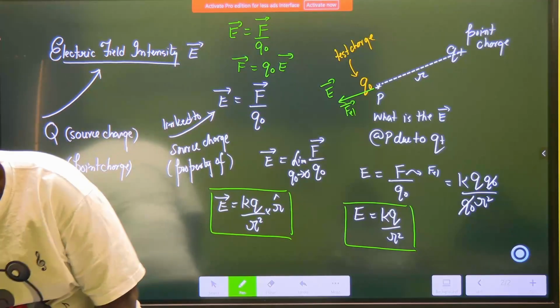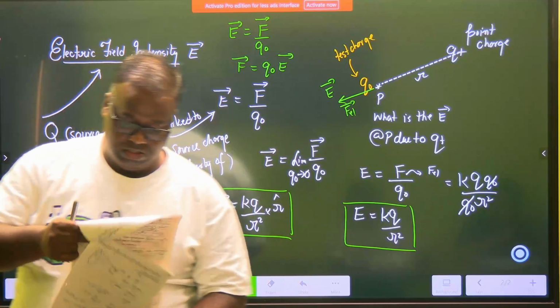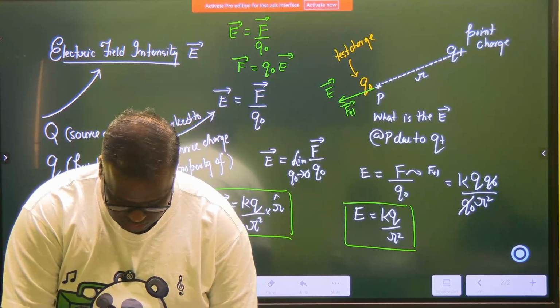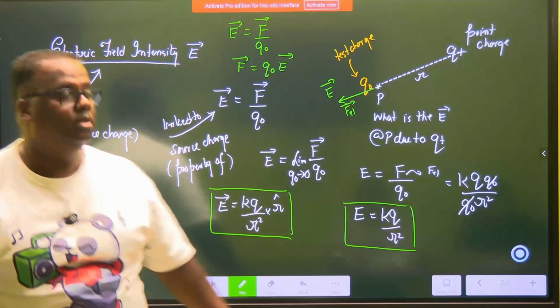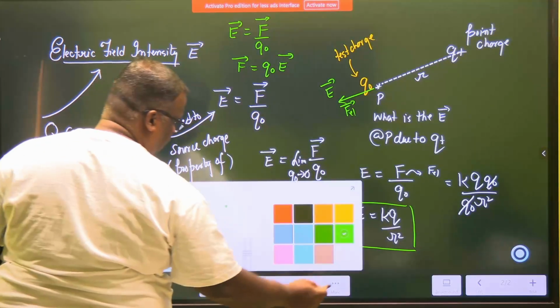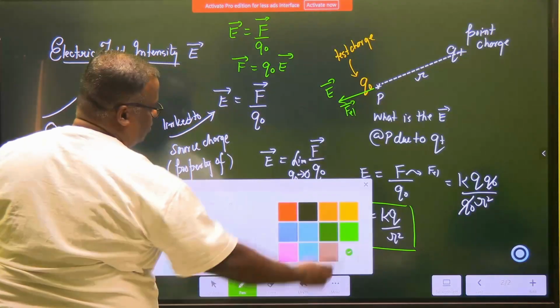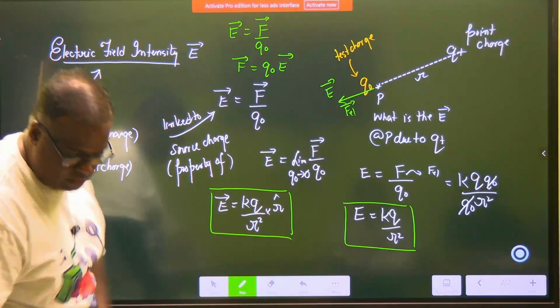Okay? Next is superposition again. Is this understood? Can we go ahead? If you still want something to copy, please copy, and we'll go ahead.